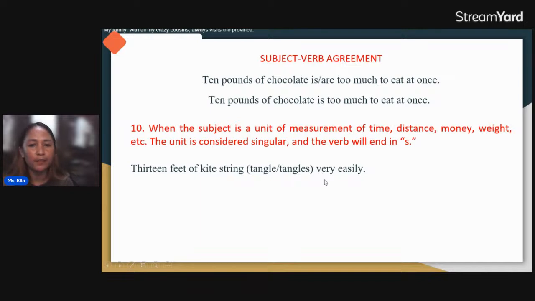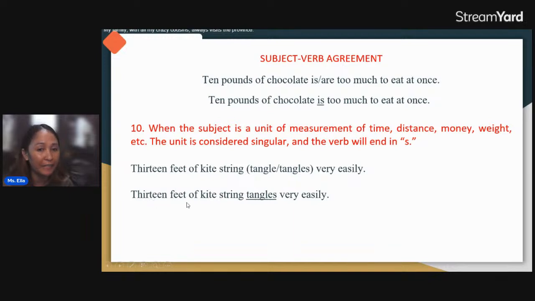Okay, so here in this sentence, the correct verb to use is tangles. Why? Again, it's a unit of measurement of distance, right? 13 feet of kite string tangles very easily. So it means 13 feet of kite string is considered singular, a unit. It takes a singular verb, tangles.